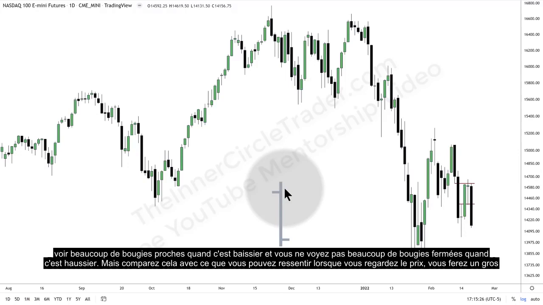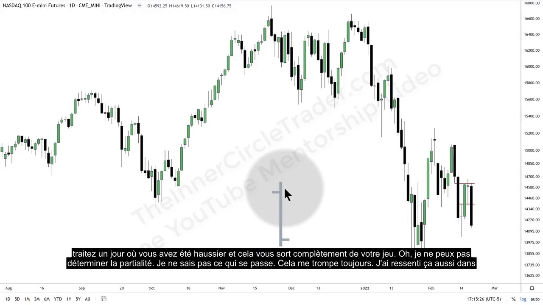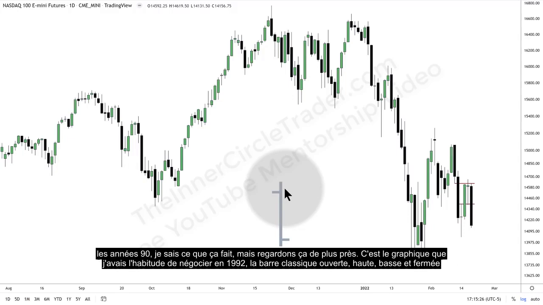And you're not seeing a lot of down close candles when it's bullish. But contrast that with what you may be feeling when you're looking at price. You'll make a big deal out of one down day when you've been bullish, and it completely takes you out of your game. Oh, I can't determine bias. I don't know what's going on. This is always tricking me. I felt that too in the 90s. I know what it feels like. But let's take a closer look at this.